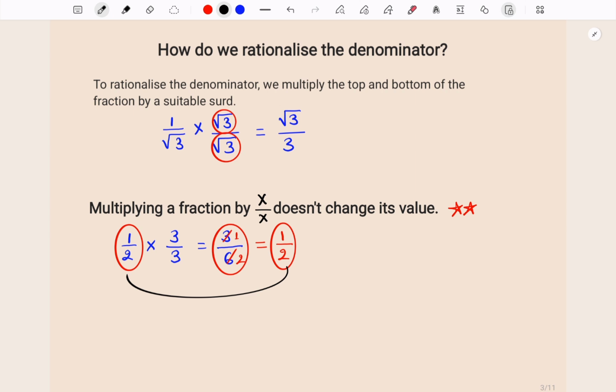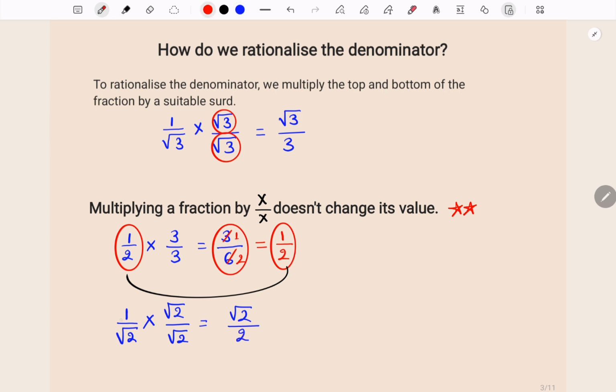Let's take another example, let's say we have 1 over root 2, and let me multiply it with root 2 over root 2. So I am multiplying the numerator and the denominator with root 2. So it will give me root 2 over root 2 times root 2 is just 2.